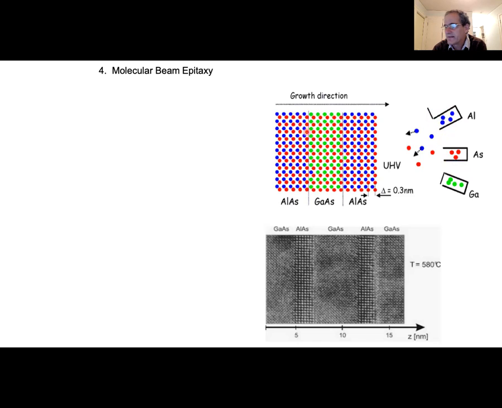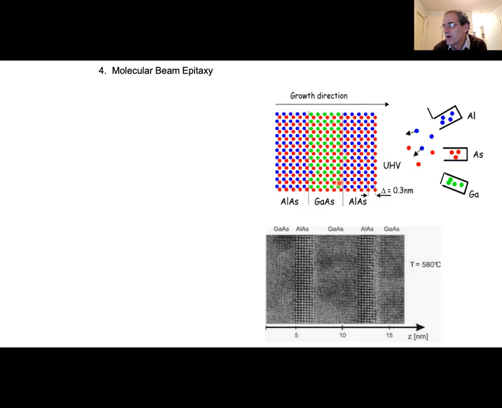And then the sample sits in ultra-high vacuum, and it's exposed to fluxes of atoms from these sources. And if the temperature is right and all the conditions are right, we can arrange that the atoms from the sources will go out and coat the sample, but will do so in a very ordered way, so that if the substrate is crystalline, the new atoms will adopt the same crystal structure and will simply continue the crystal structure as we grow more and more layers.